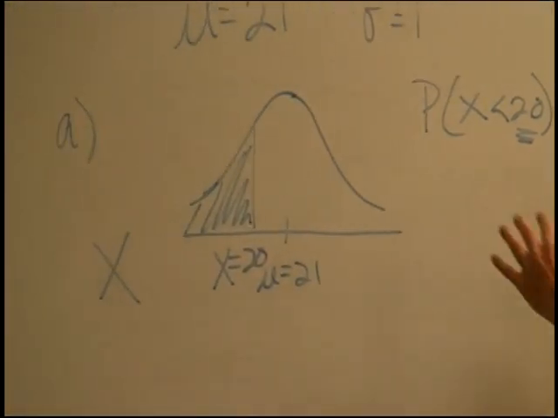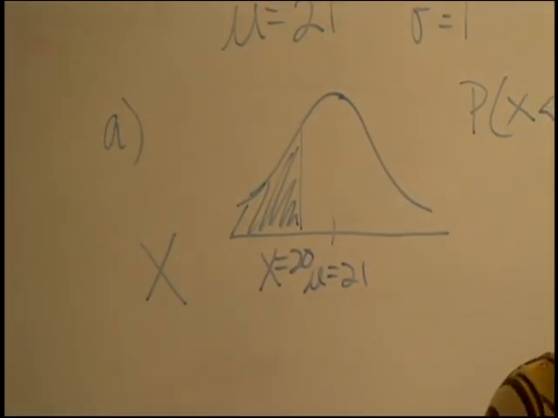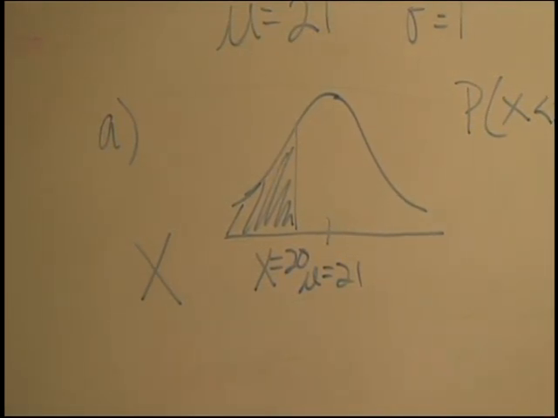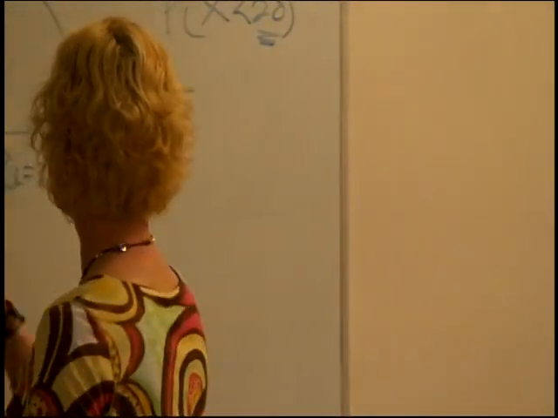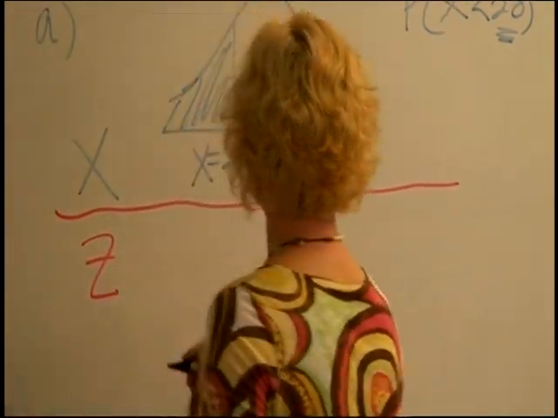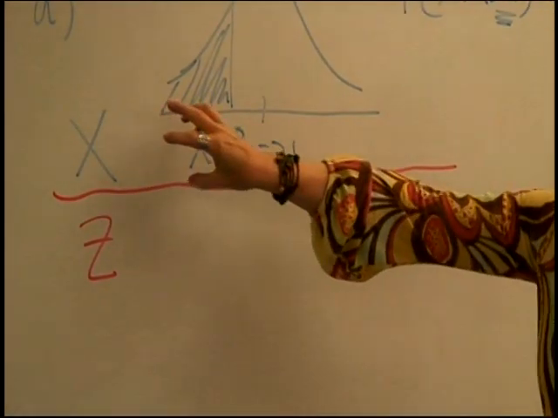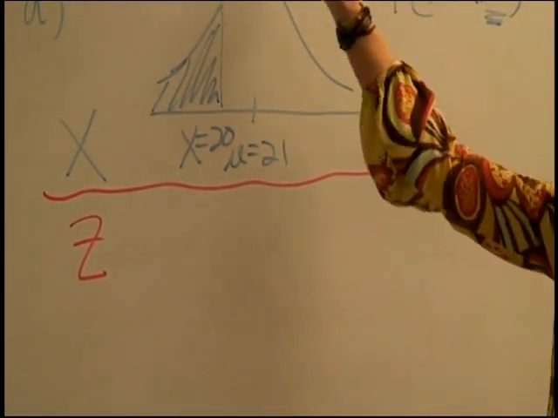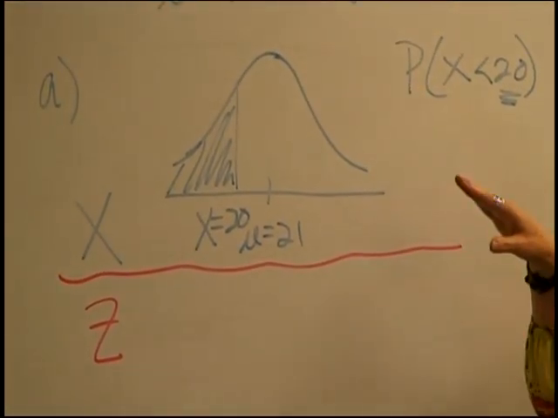Now to find this on our calculator, we need to translate it over to Z, because as you recall, our table is in terms of Z. My advice to you is to write all your X and Z values below, and your probabilities or areas or percentages above, to keep stuff straight, because we're going to turn around and do this entire process backwards.